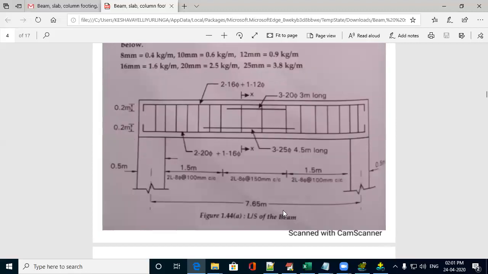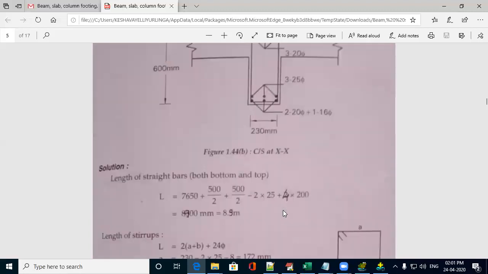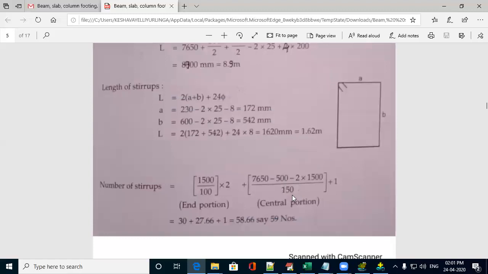That's what is done here. So you will get the central distance where we have the stirrups at 150 mm center to center. Plus 1 you have to do. So when you calculate the entire thing, you will get 58.66. We can round it off to 59 stirrups.